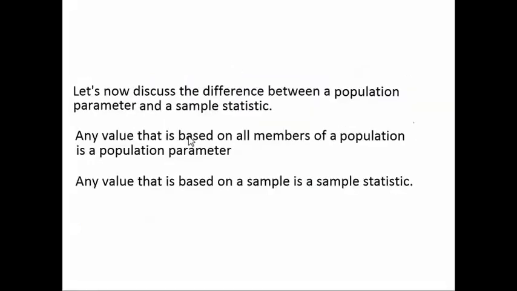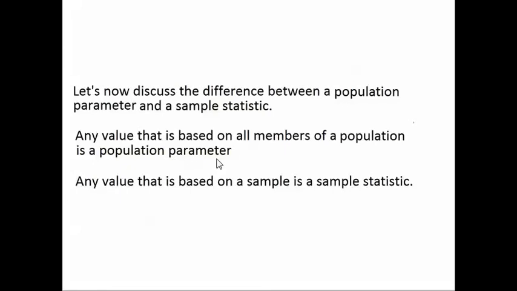Any value that's calculated with data from an entire population is a population parameter, and any value that's calculated with data from a sample is a sample statistic. At this point, you might be wondering why they don't just call them sample statistics and population statistics. Why do they have to use the word parameter? Well, it's really just statistical jargon.